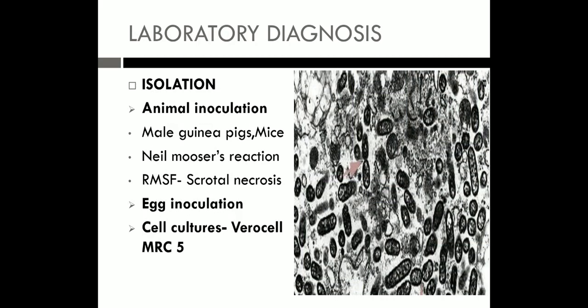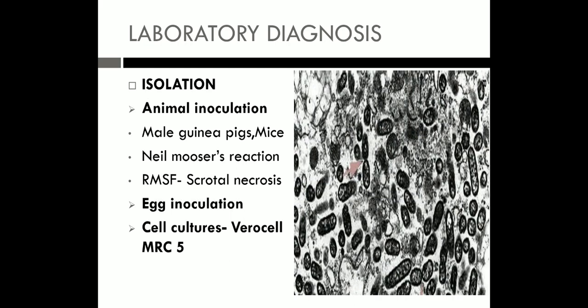Usually lab diagnosis is done by animal inoculation into male guinea pigs and mice. As I already mentioned, we have the Neill-Mooser reaction, which can differentiate between Rickettsia prowazekii and Rickettsia typhi.